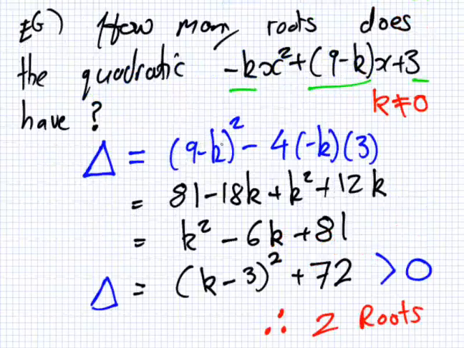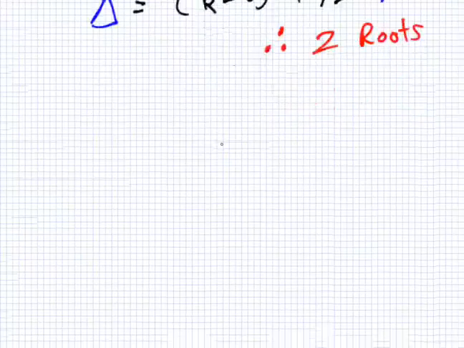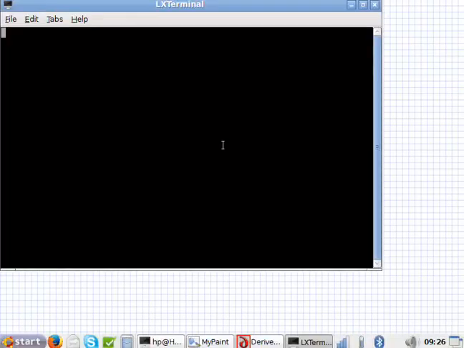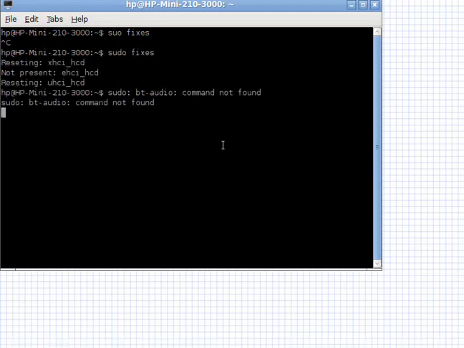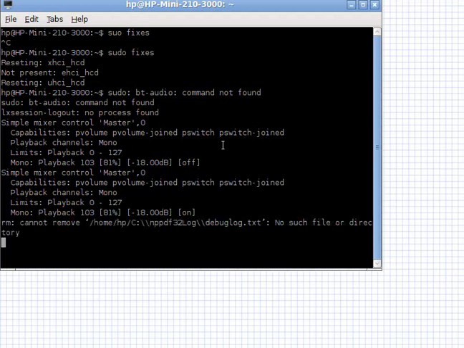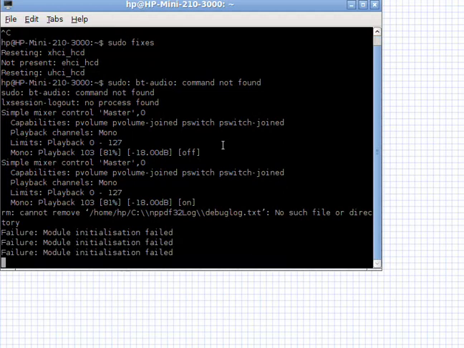Should have 2. You can't quite see here. Well, you can kind of see here. It has 2. Doesn't matter what I make k equal to, as long as I'm not making it equal to 0. So 102. And then if I graph this, you see again, 2 roots.